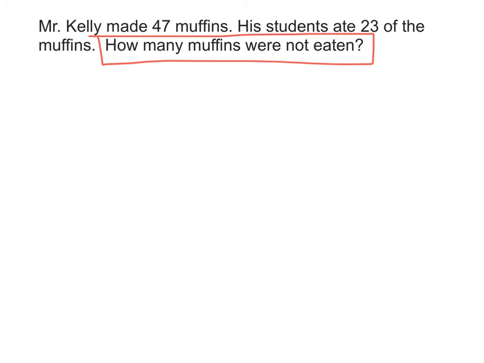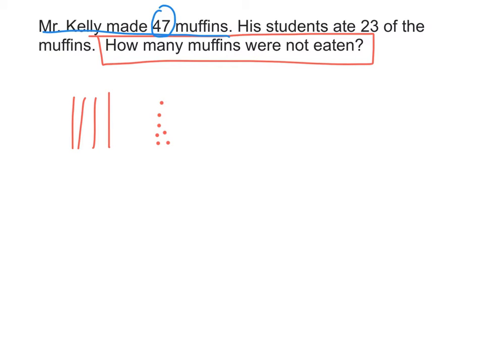So let's use quick pictures to help us solve the problem. We know that Mr. Kelly made 47 muffins. So what we can do is draw a quick picture for 47. That's 4 tens, 7 ones.